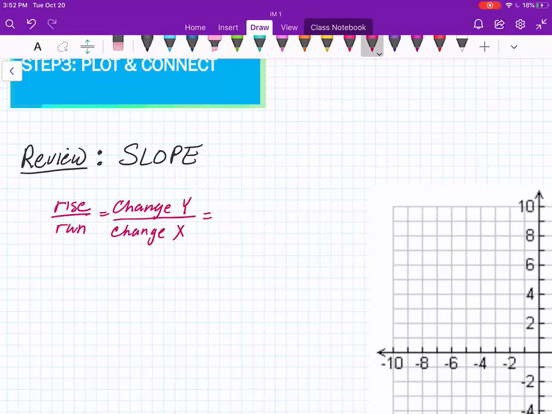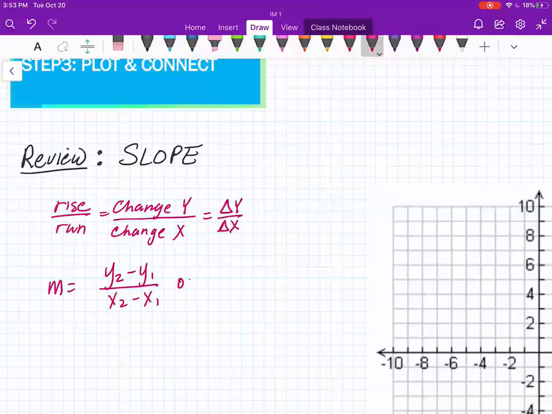And we can write that in shorthand. In math, we use a triangle, which is a Greek delta, meaning change for mathematics, so change in y over change in x. And our formula for this is m equals y sub 2 minus y sub 1 over x sub 2 minus x sub 1.